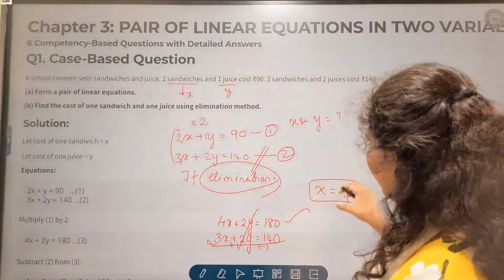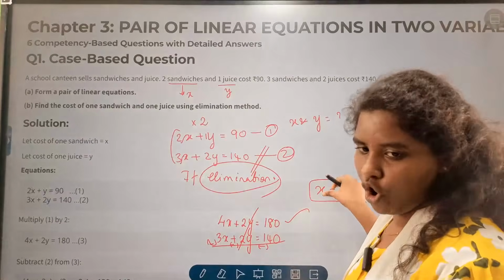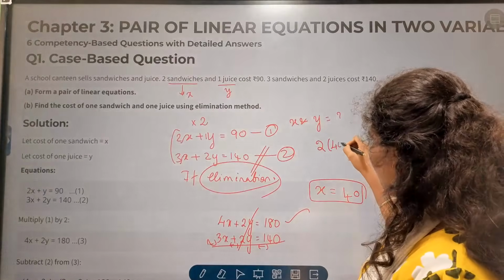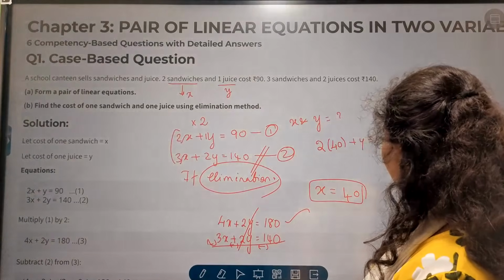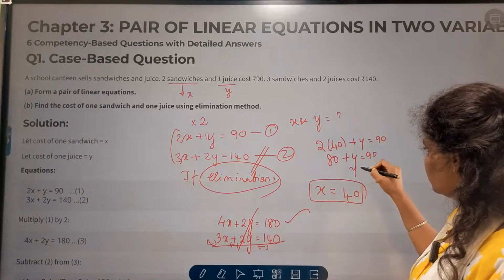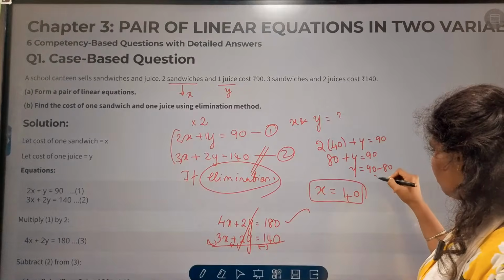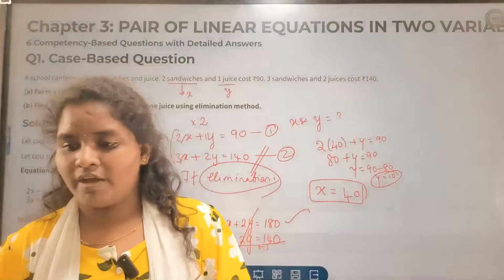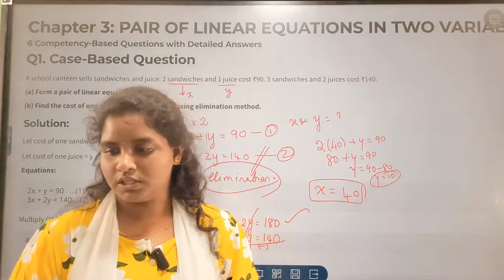If I substitute x is equal to 40 in equation 1, 2 times 40 plus y is equal to 90, so 80 plus y is equal to 90 and y is equal to 90 minus 80, y is equal to 10. Both values, x and y, are right.